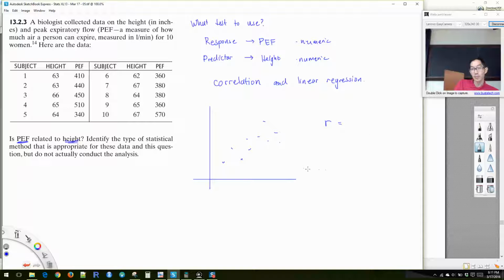And then what is the test to see if this correlation is significantly different from 0? It's a t-test. It's multiple choice, so I can't have you plot data in a multiple choice test. So we have a t-test for significant correlation.